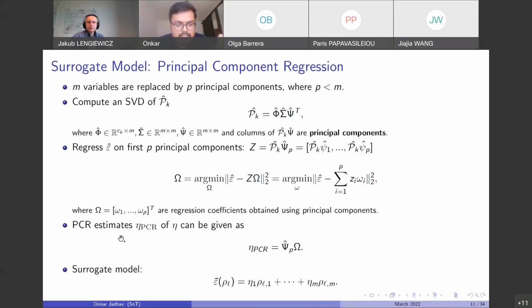Then the PCR estimate of our desired regression coefficient eta can be obtained by back projecting these regression coefficients omega onto the Psi_cap_p matrix, as shown over here. Once we have our regression coefficients, we can construct a surrogate model, which we use during the adaptive greedy sampling approach.